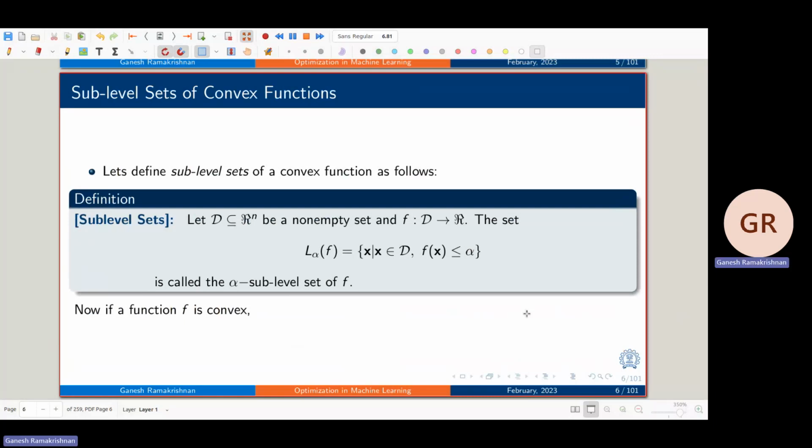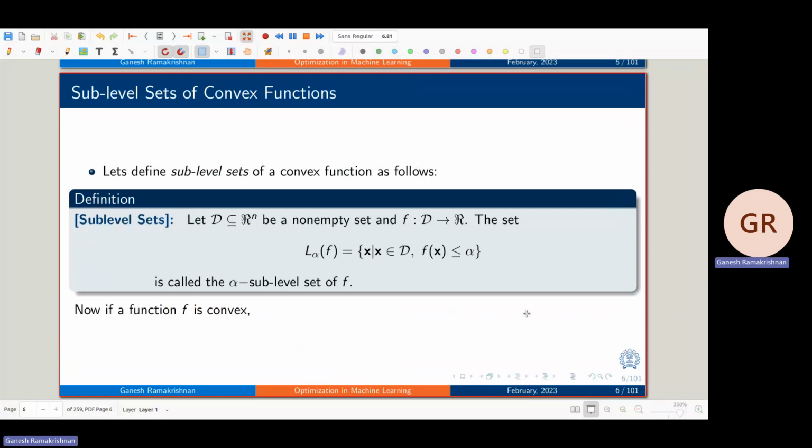This is alpha, right? If I change this alpha to alpha prime, you have a corresponding sublevel set L alpha prime of f. Is that clear?